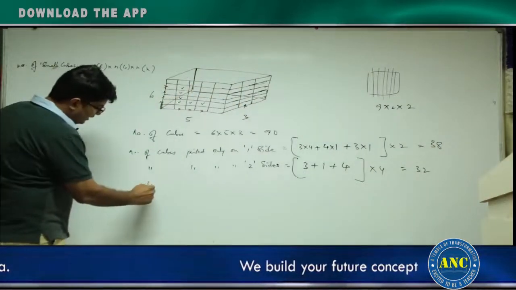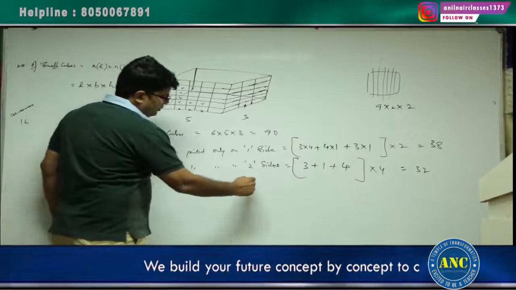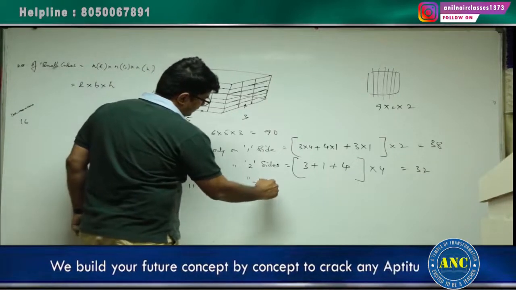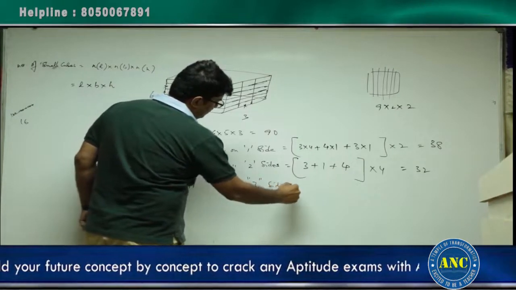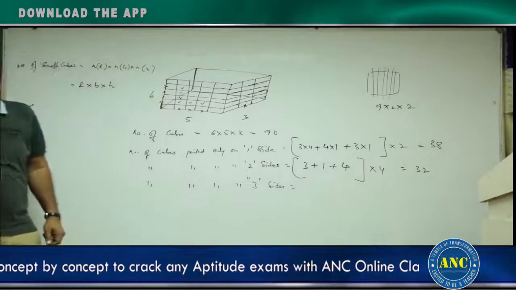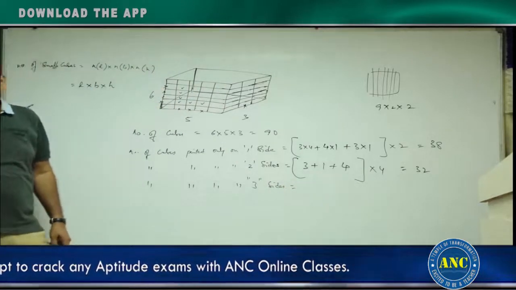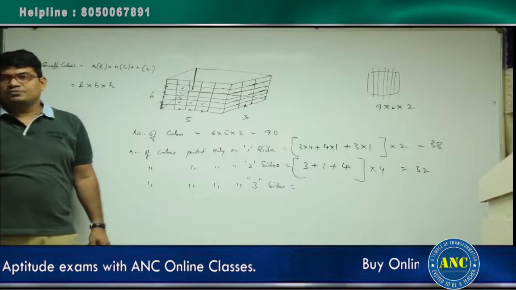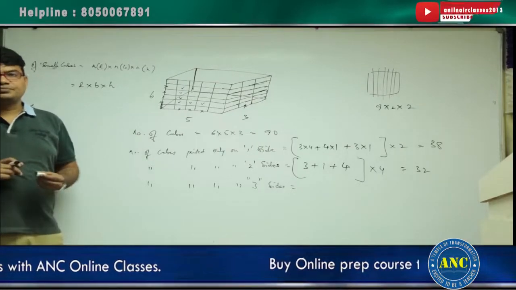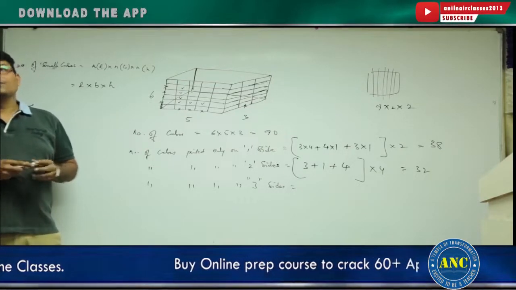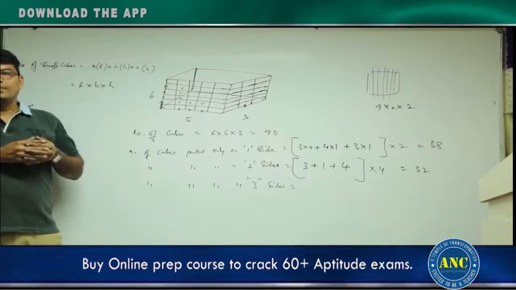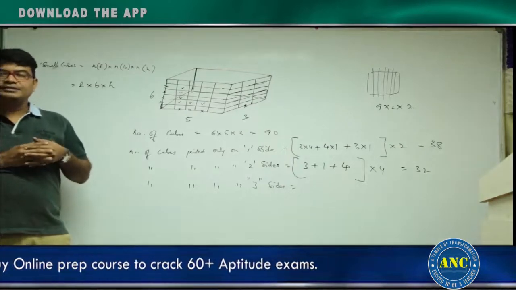Okay, now the smart kids will do 3 sides. This is very easy. Very, very easy. It will be 8.